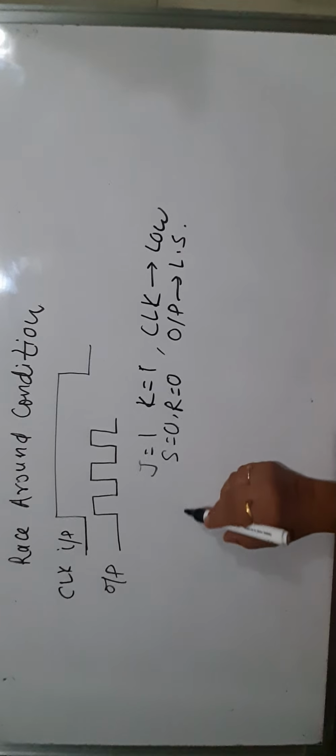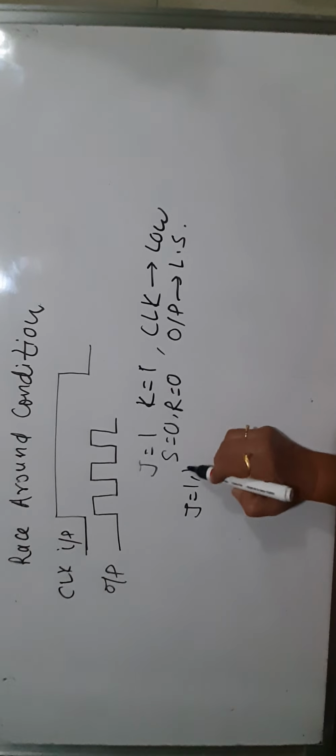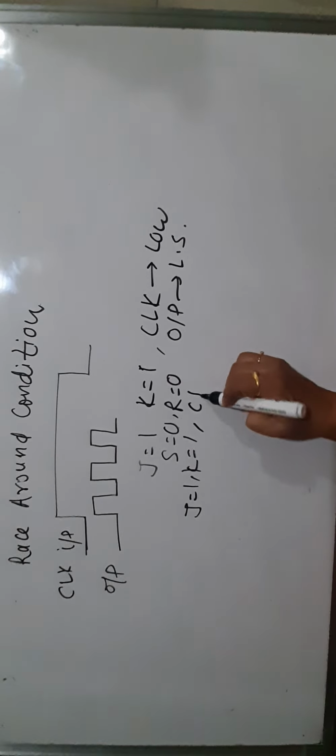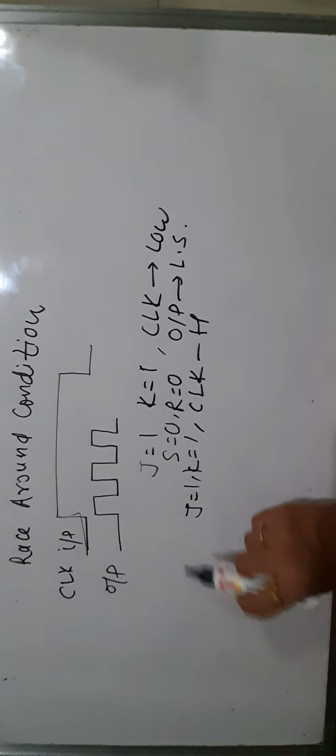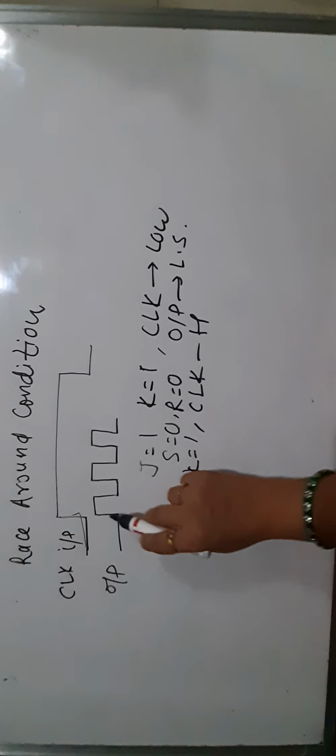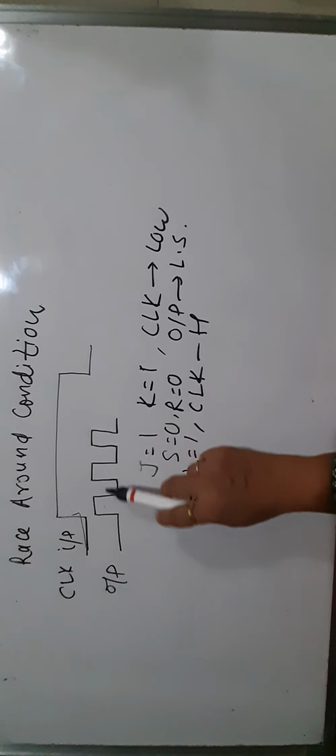But as the clock becomes high, J is 1, K is 1 and the clock is high, then what happens? As the clock becomes high, the output of the flip flop continuously toggles between 0 and 1.